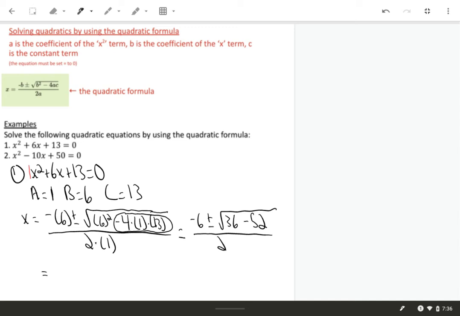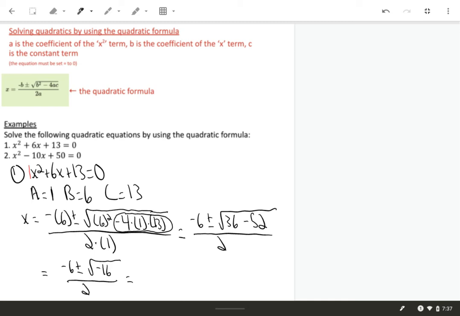Okay, and we'll continue simplifying. So we have negative 6 plus and minus square root of 36 minus 52, which is negative 16, over 2. Next, negative 6 plus or minus square root of negative 16.